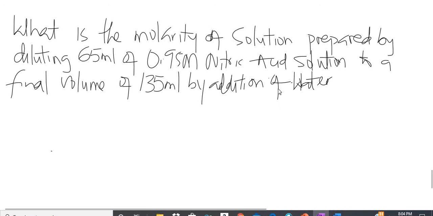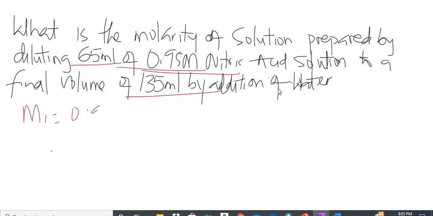So what is the molarity of solution prepared by diluting 65 mL of 0.95 molar nitric acid solution to a final volume of 135 mL by adding water? So we want to find the new concentration. We already have our initial concentration M1 as 0.95, V1 as 65 mL, and our V2 is 135.